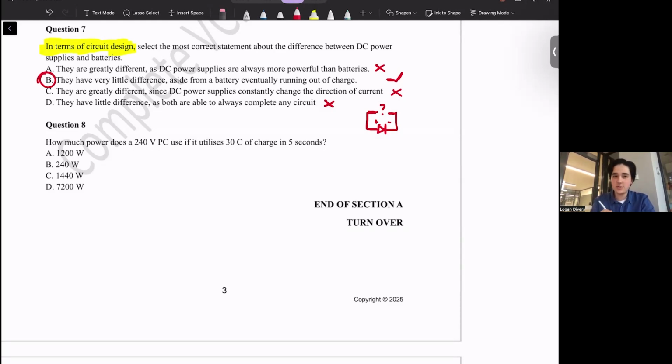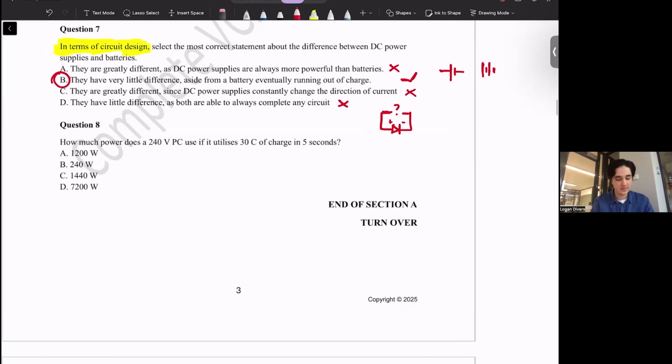But we are just talking about putting them into a circuit. So even on a page of circuit design, they're pretty much identical. So identical, in fact, that the symbols are basically the same. If you have a single cell battery and a DC power supply, there's almost no way to tell the difference unless someone explicitly marks it on the power supply. At least in VCE, there are specific symbols outside of VCE.